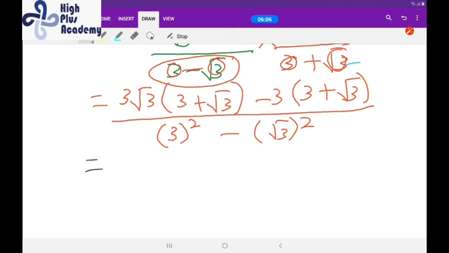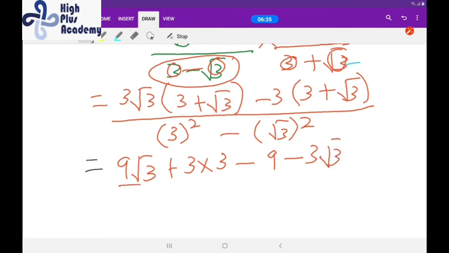So we now have root 3 times 3 giving us 3 root 3 times 3, which is 9 root 3, very good. 3 root 3 times root 3, that will give us what? 3 times 1 is 3, then root 3 times root 3 is 3. 3 times 3, 9. Negative times positive gives negative, then we have 3 root 3, very good. Over 3 squared is 9 minus root 3 squared, that is 3.